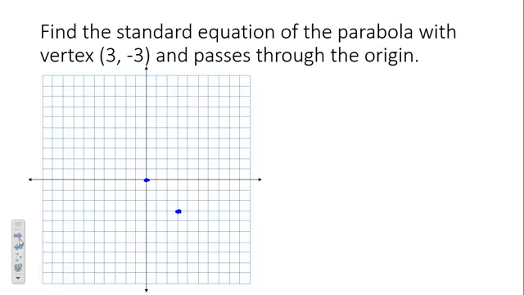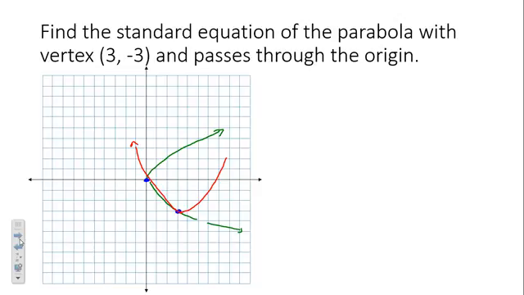So we don't know. There could be 2 answers here, right? Because we don't know if it's opening to the right or if it is opening up. It's going to cross through here.